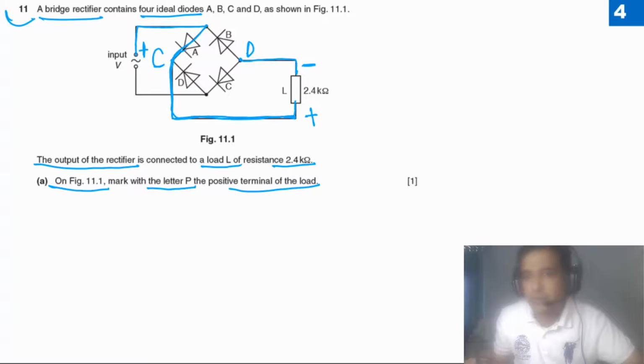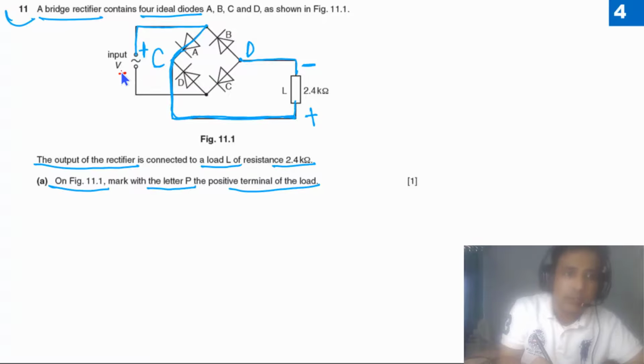We can also check when the lower side is positive. When this side is positive, current will flow from here. It will go this way. But at this point, current cannot go this way because this is in reverse bias. So current will pass through this diode and again will enter from this side. So this is the positive terminal of this load resistor.